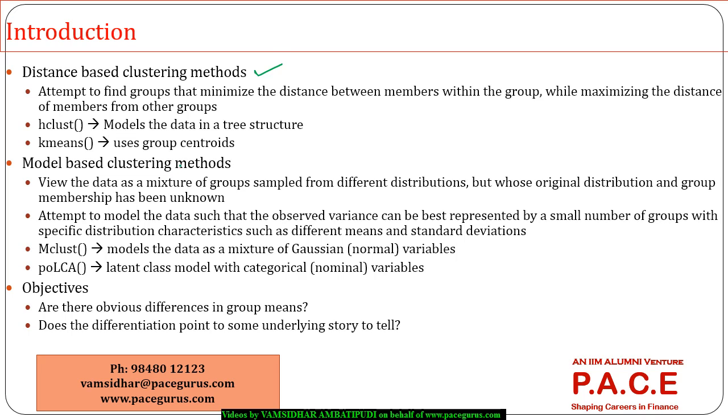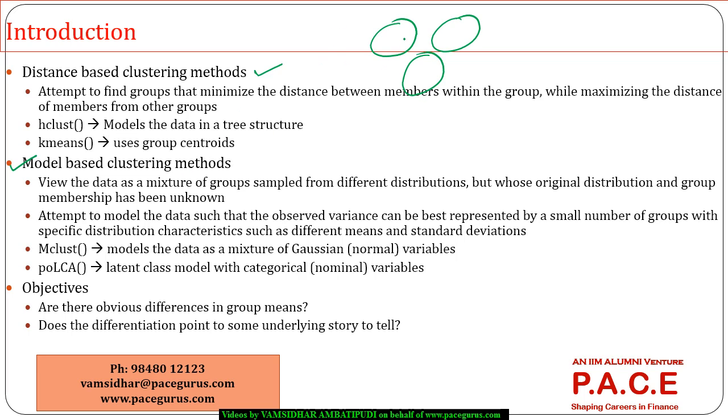Then the second set of algorithms that I want to look at are model based clustering. Here the grouping is done in such a way that these are the groups that are formed.